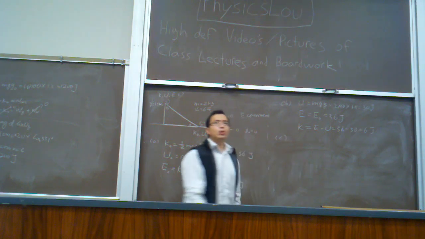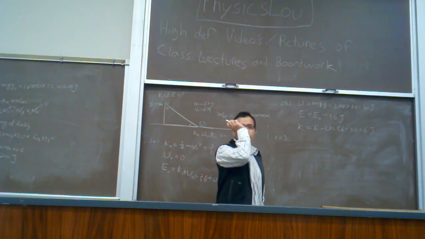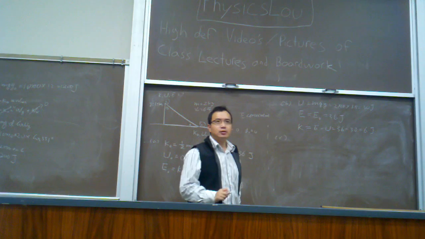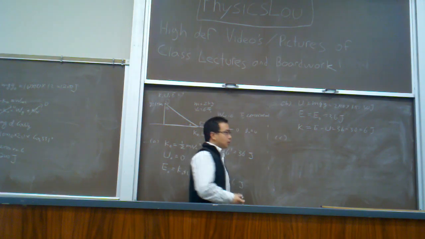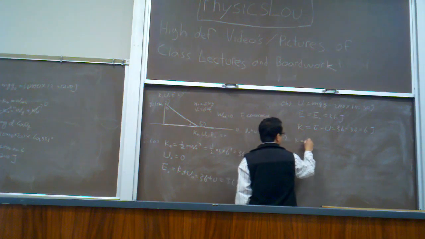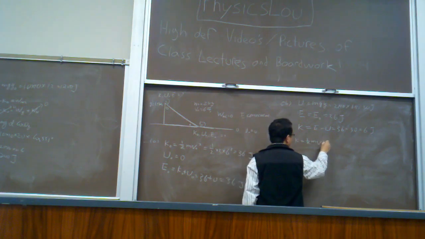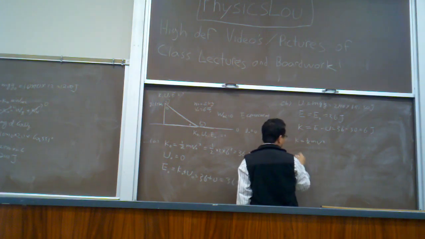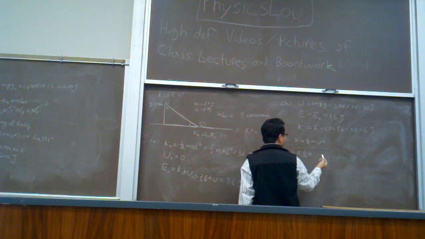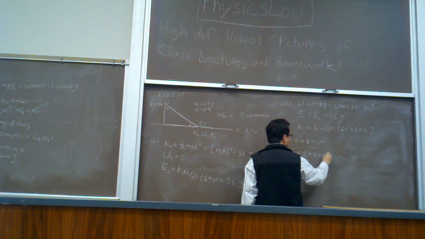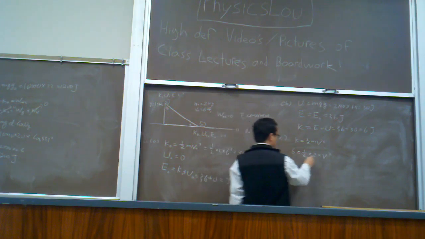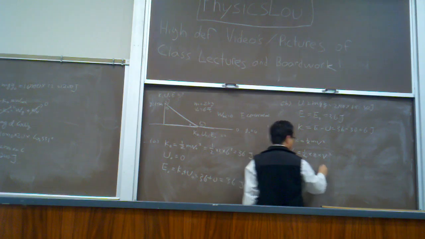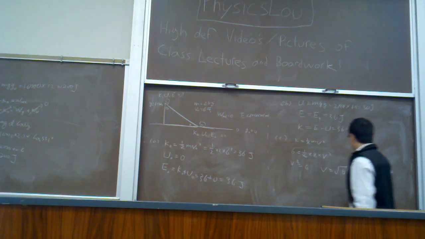Now, we want to calculate the final velocity V. K equals 1/2 mv squared, so 6 joules equals 1/2 multiplied by 2 multiplied by V squared. You can solve for V: V squared equals 6, and V equals the square root of 6.